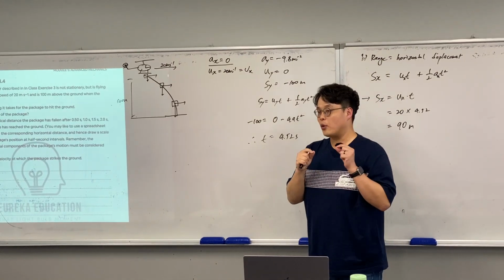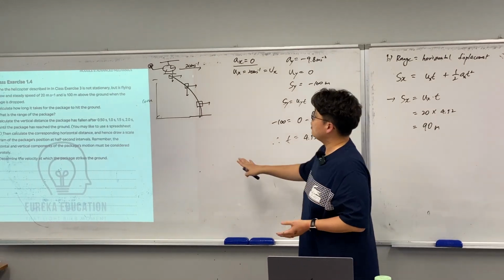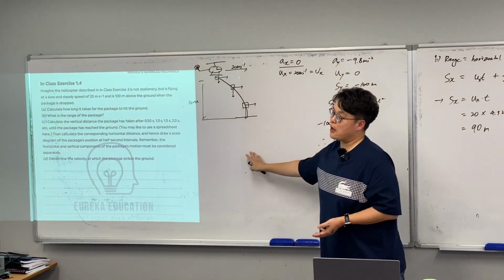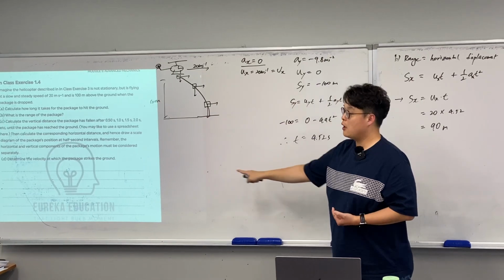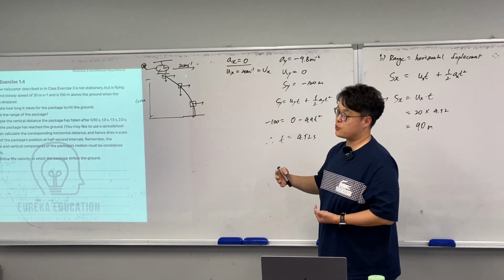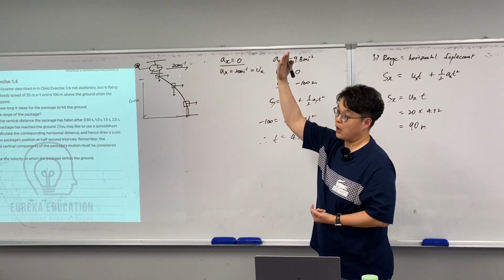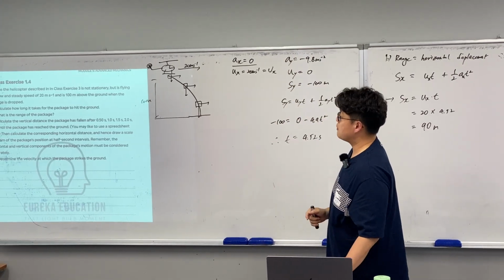What does that mean? The horizontal motion decides the range, how far we'll move. The vertical motion decides how long as well as how high we'll move. This is known as projectile motion.